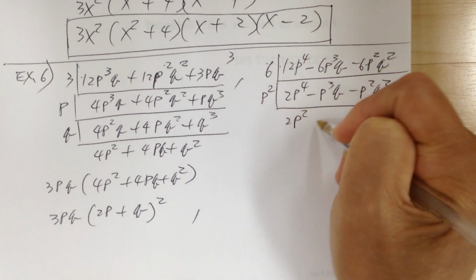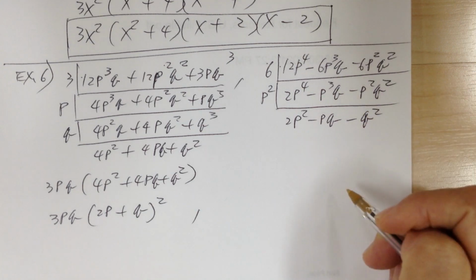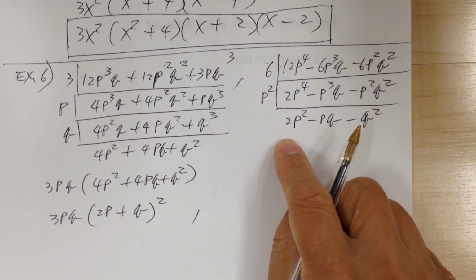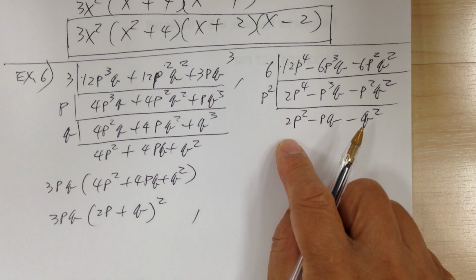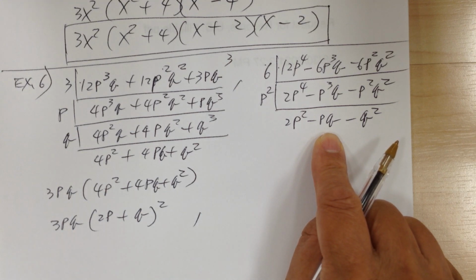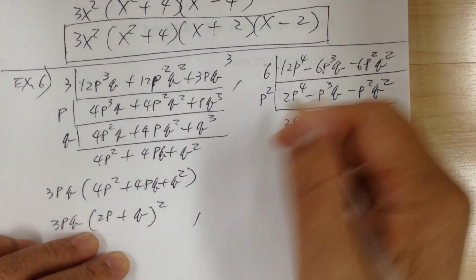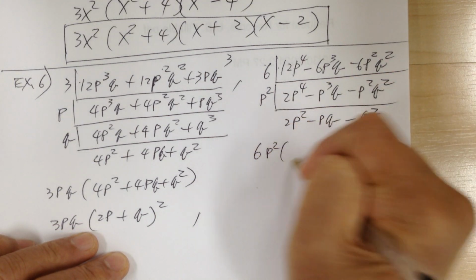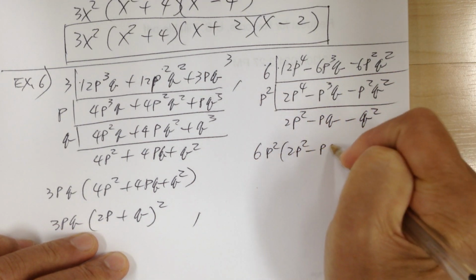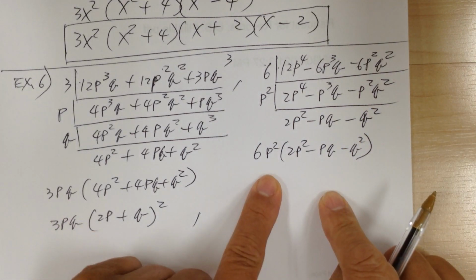So you got 2p^2 - pq - q^2. Okay. And after that, so your step 1 is 6p^2 times (2p^2 - pq - q^2). Okay. So that's your step 1.